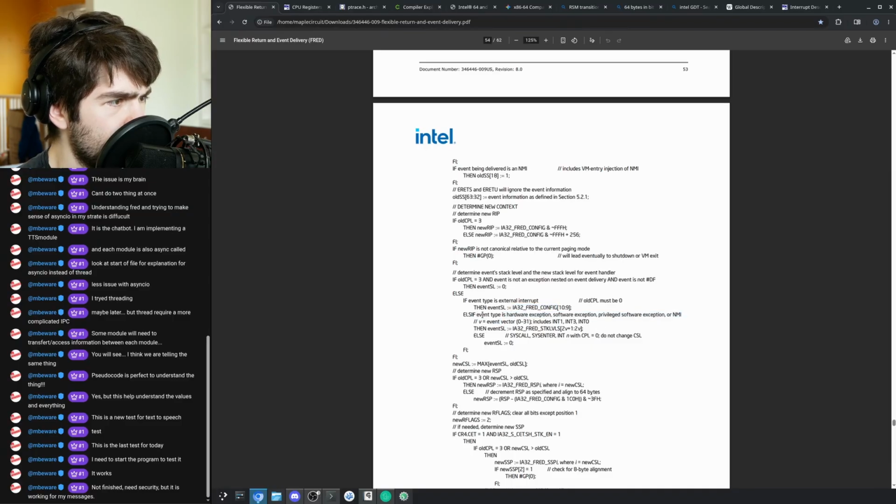Else if the event type is a hardware exception, software exception, privileged software exception, or NMI, then look at the event vector. Okay, so then it will look into our array that we took a look at earlier. Then event SL will be whatever is in the array. Else syscall with CPL does not change the CSL.